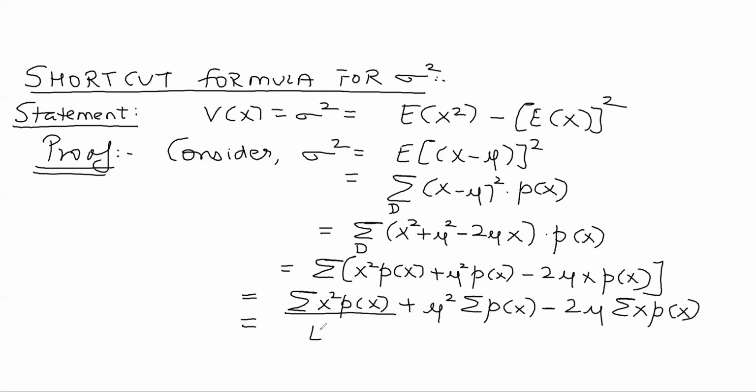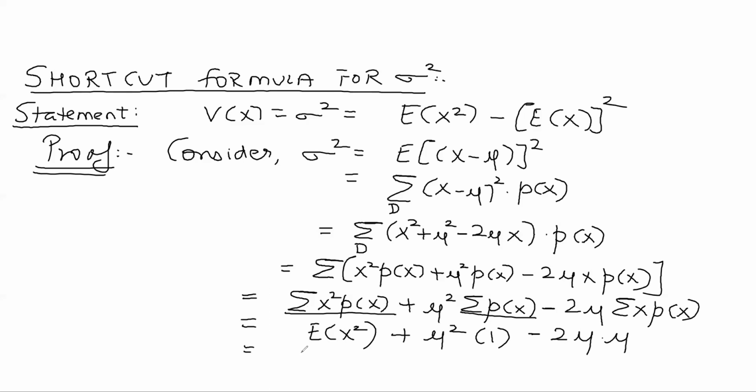This is nothing but expected value of x square. Expected value of x square will be summation x square into p of x, plus mu square into what is summation p of x? 1. Minus 2 mu into, guys, what is summation x into p of x? It's nothing but mu only. Mu is nothing but summation x into p of x.